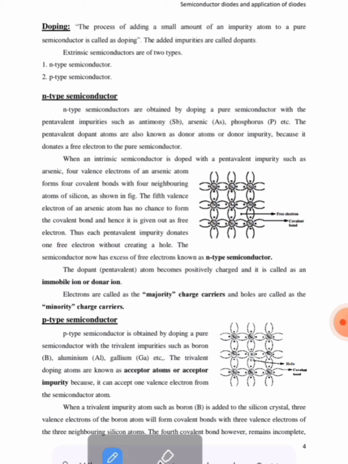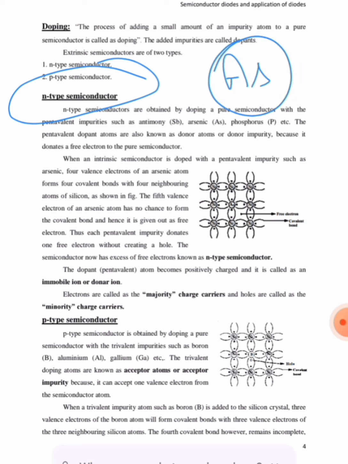But here in this n type semiconductor, in case of an arsenic atom, the fifth electron will be lost. The 4 valence electrons will form a covalent bond with its neighboring silicon atom, whereas the fifth valence electron will become a free electron.